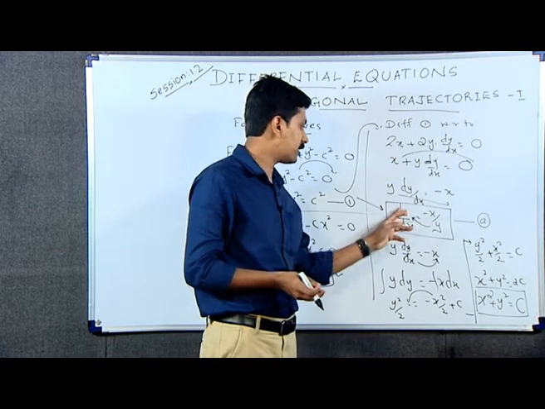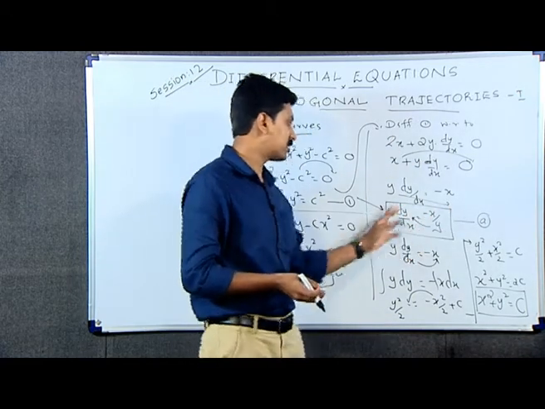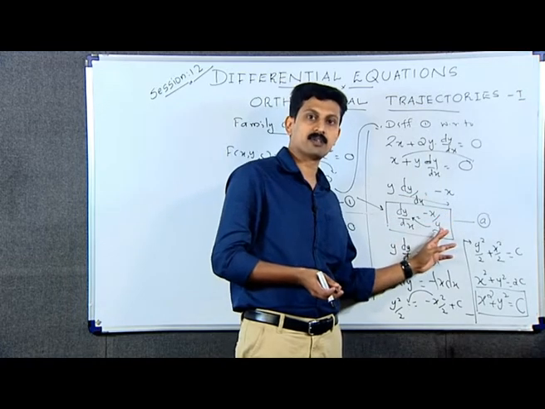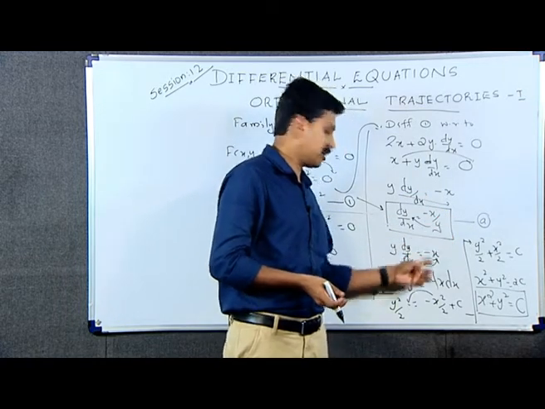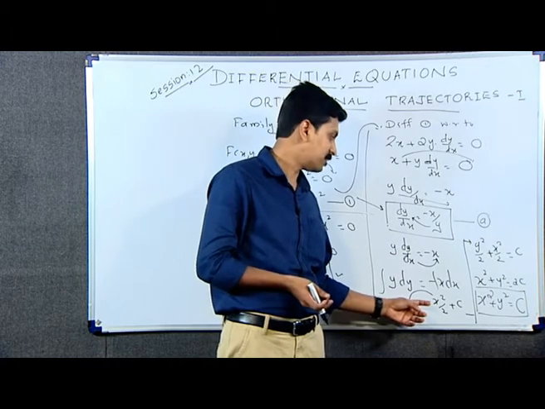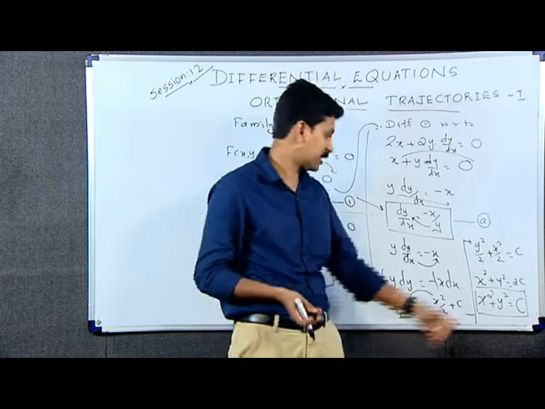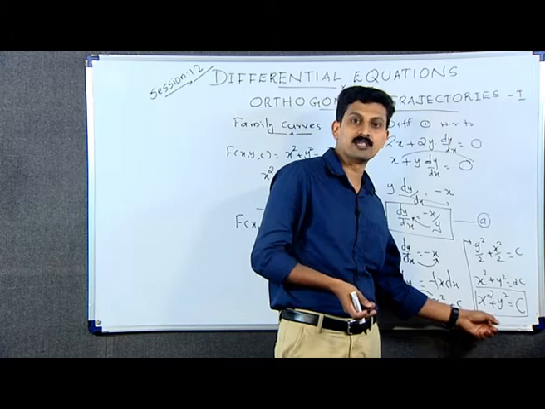So, we started from x square plus y square equal to c square, and after differentiating we have the differential equation dy by dx equal to minus x by y. And while solving this differential equation by the method of variable separable, again we get a solution as circles centered at the origin with radius.